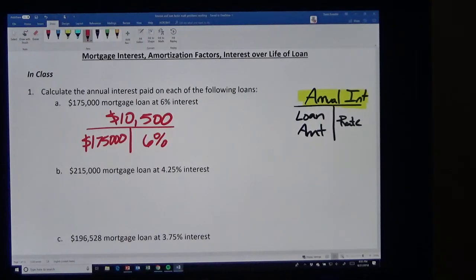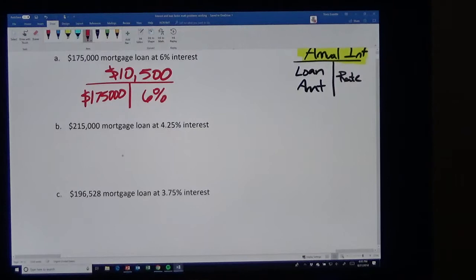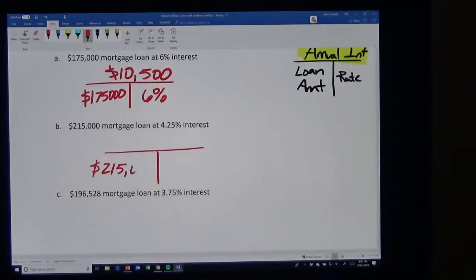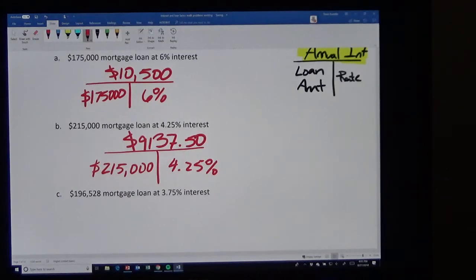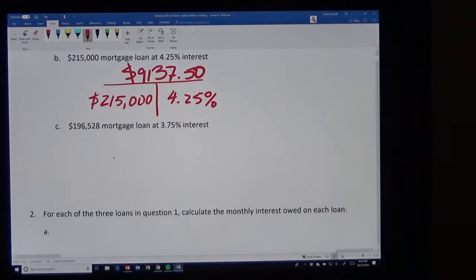Alright, on the second one, B, they've got a $215,000 mortgage at 4.25% interest, so we've got $215,000 at 4.25% interest. That is $9,137.50 in annual interest. And then on C, $196,528 mortgage.